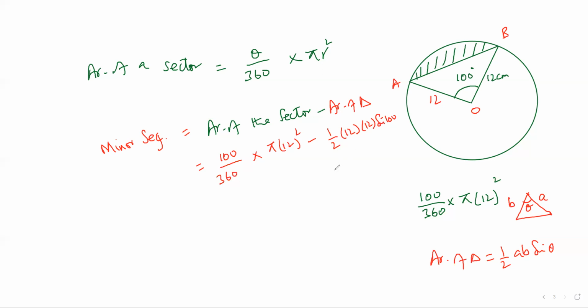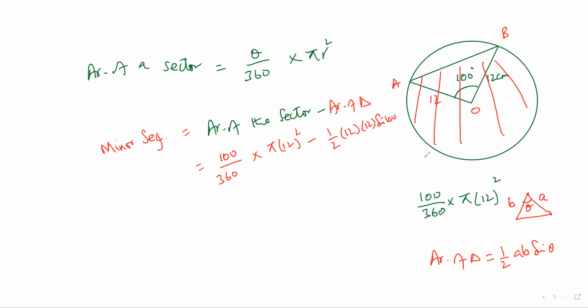Now, what if you have to find the area of the major segment? For example, instead of finding this area, suppose you had to find, let me draw this line again. Okay, now suppose you had to find the area of all of this segment over here.